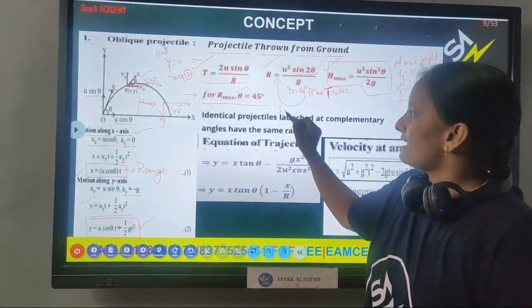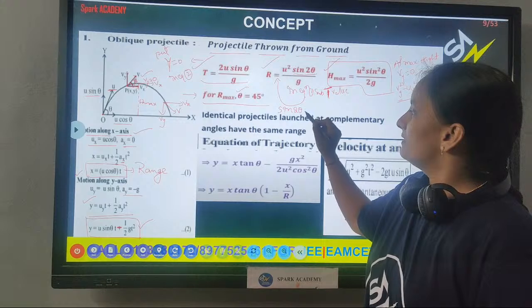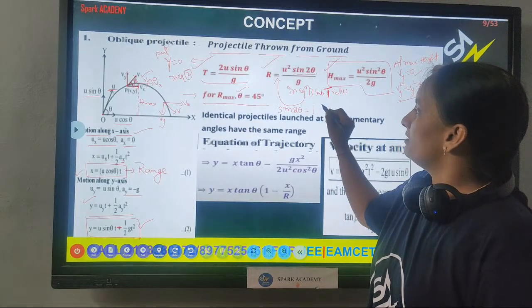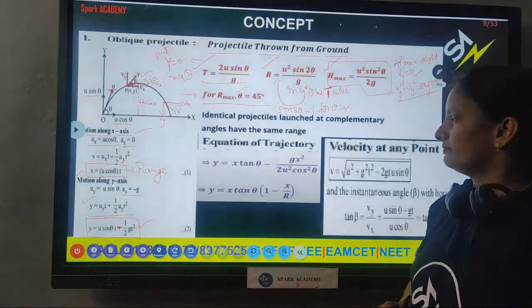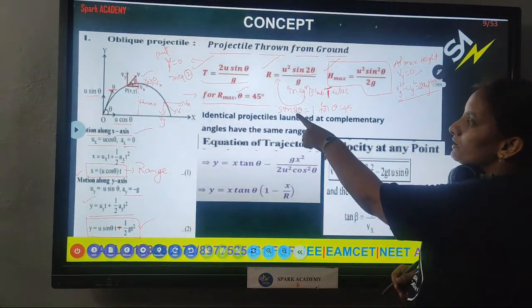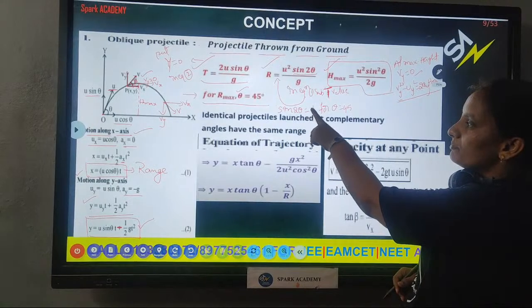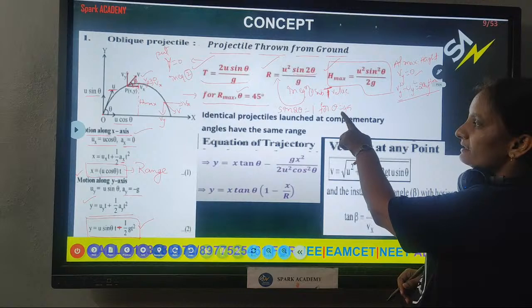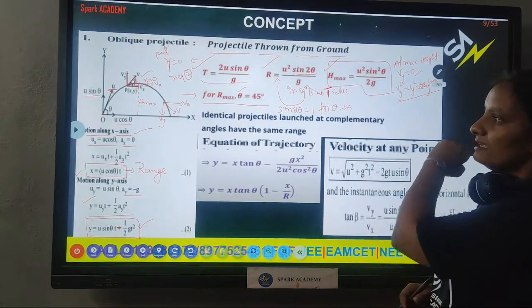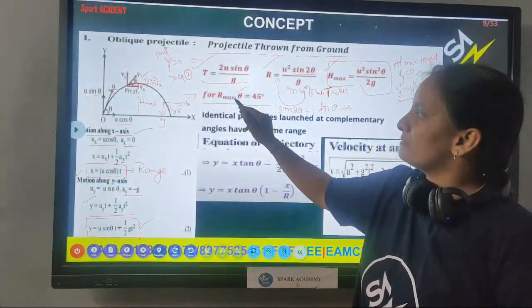Since sin 2 theta will be equal to 1 for theta equal to 45, so 2 into 45 is 90, and sin 2 theta will be equal to 1 at this angle of projection. Then the range will be maximum.